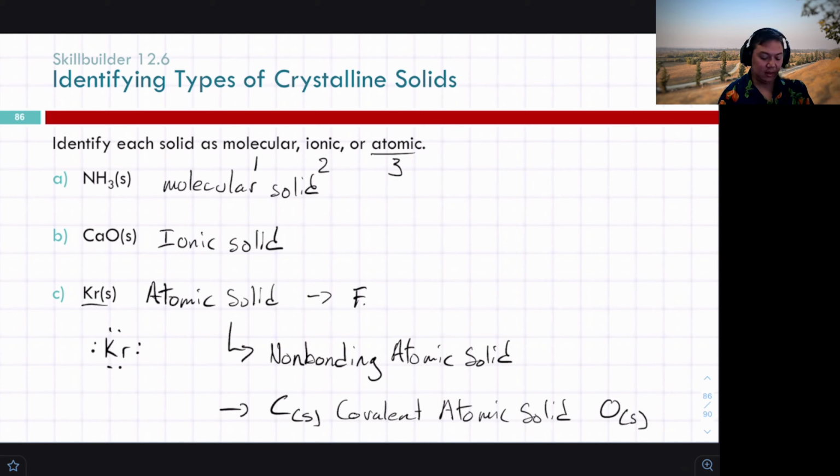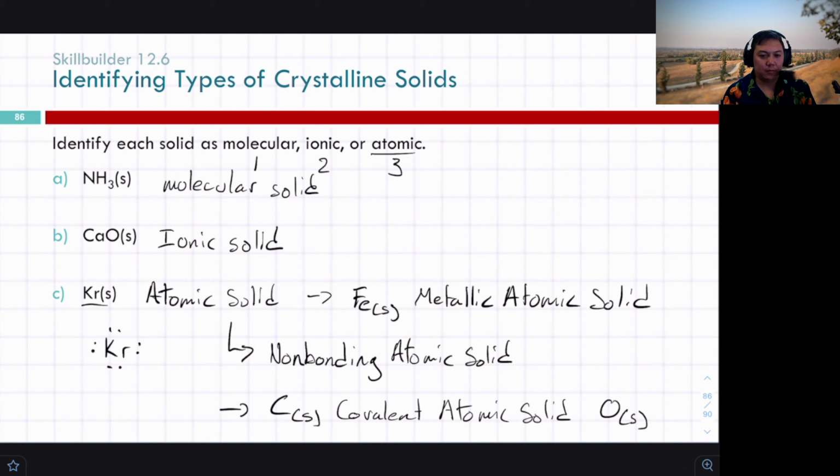Are there any questions on these, on identifying different types of crystalline solids? If it's any nonmetal other than the noble gases, yeah.